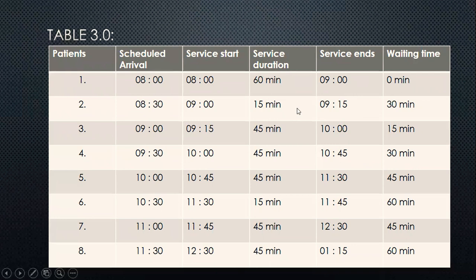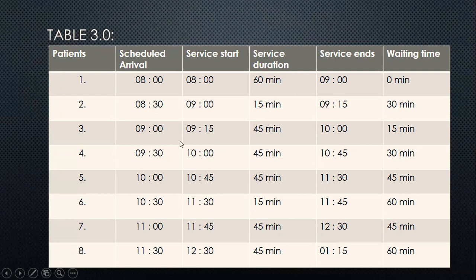How much time does he wait for this? He waited 30 minutes, because he comes at 8:30 and the first patient's service ends at 9, so he waited 30 minutes. The third patient comes at 9, and his service starts at 9:15, because the second patient ends at 9:15. So we start at 9:15 for the third patient, and he requires 45 minutes.